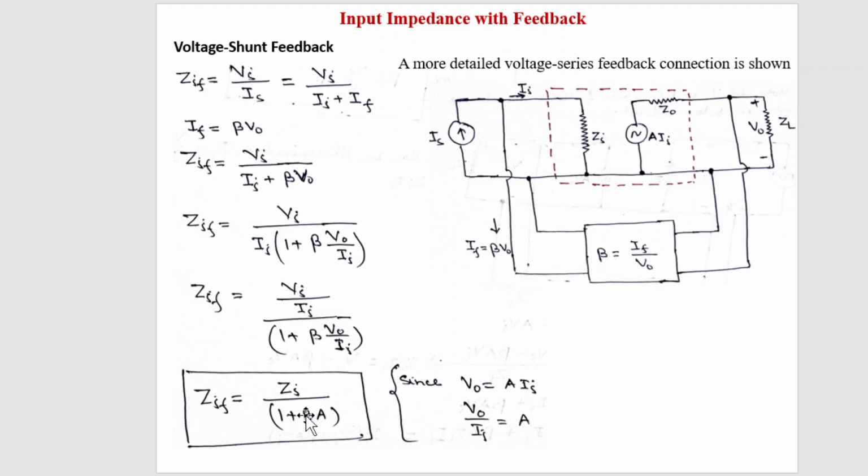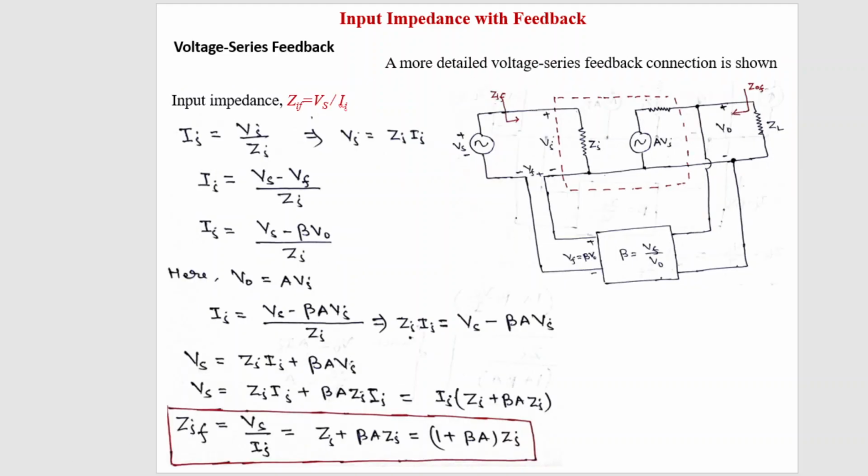It is decreasing 1 plus beta A times. But in case of voltage series feedback, input impedance was increased with respect to impedance without feedback. How much was it increasing? It was increasing 1 plus beta A times. So this is the basic difference between the gain and input impedance of the feedback network.